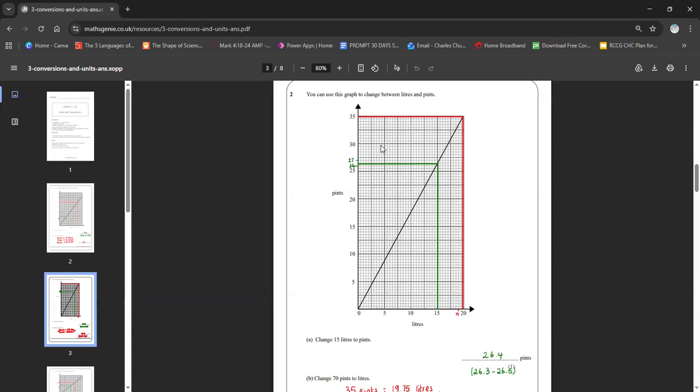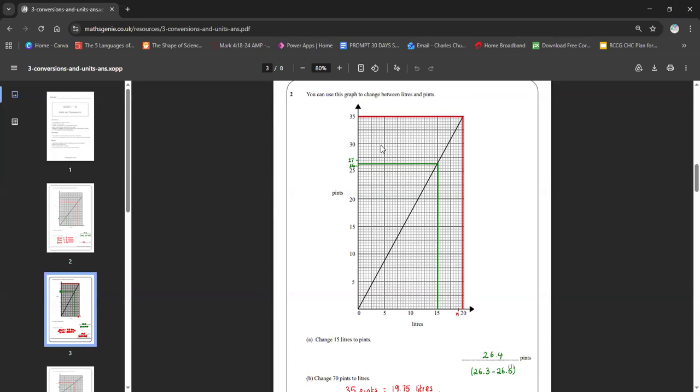So it would be around 26.5. Excellent. So we're pretty much in business because they got 26.4, which is perfectly okay. For a graph that we are making our deductions from, I think we're pretty good with that.